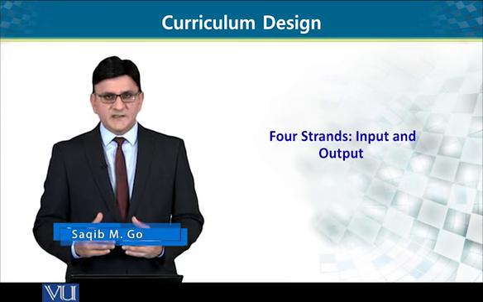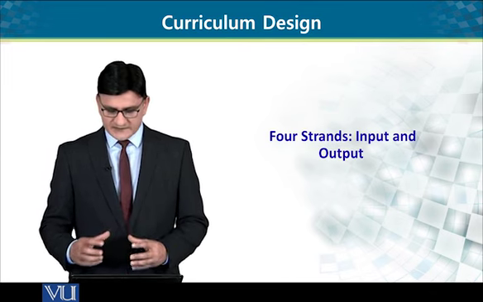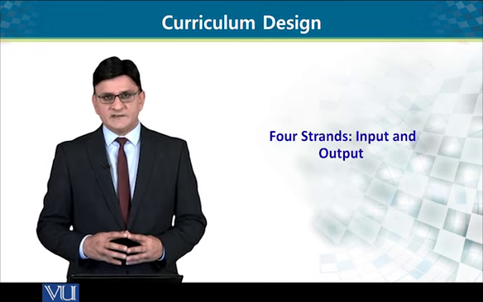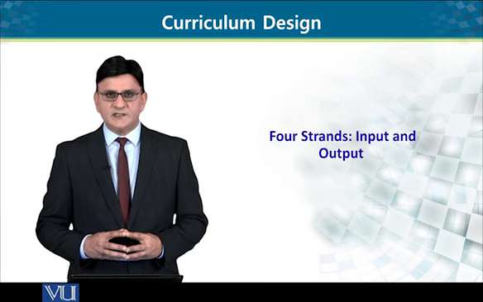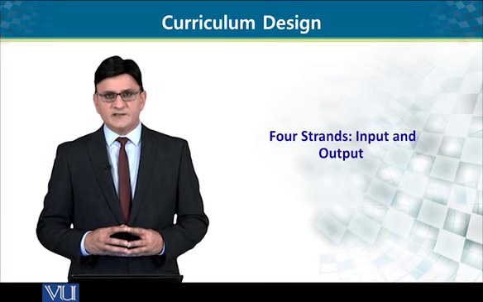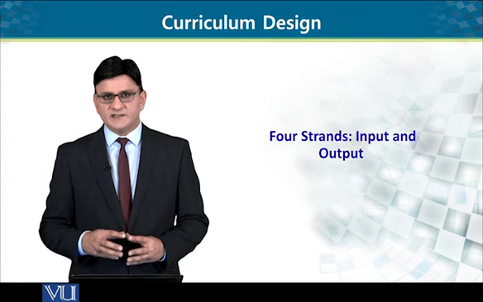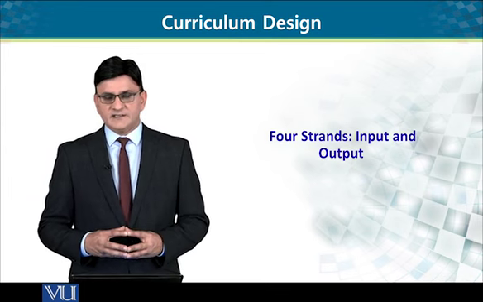So we will discuss these 4 strands one by one, and I'll start with input and output, and we'll discuss their salient characteristics and how we can ensure that a course contains a balanced approach, and gives balanced emphasis to input, output, language-focused learning, and fluency.